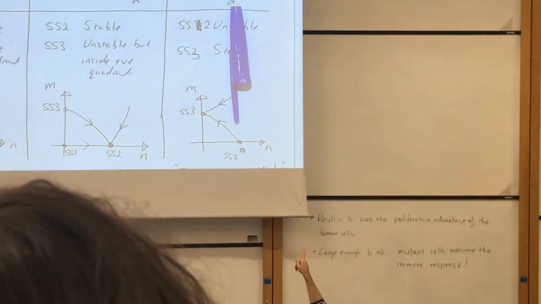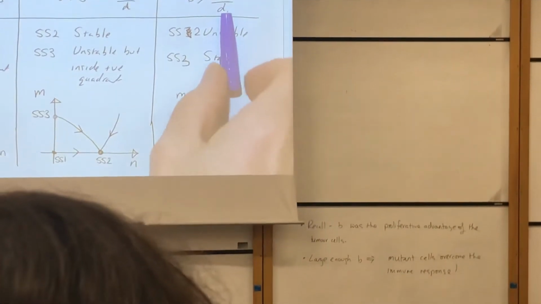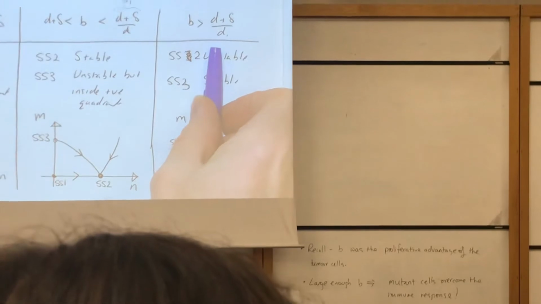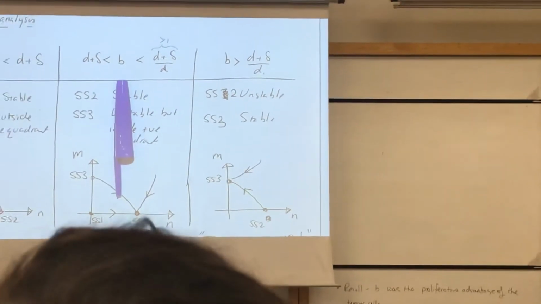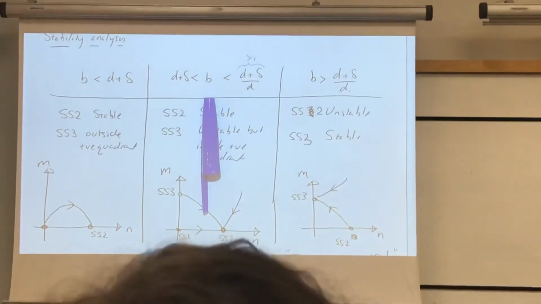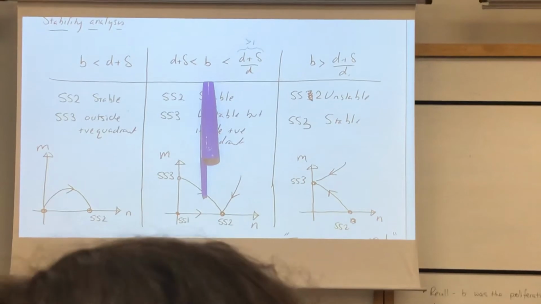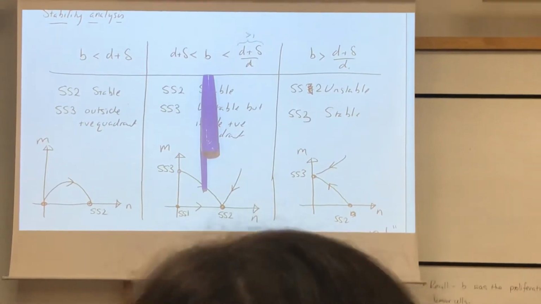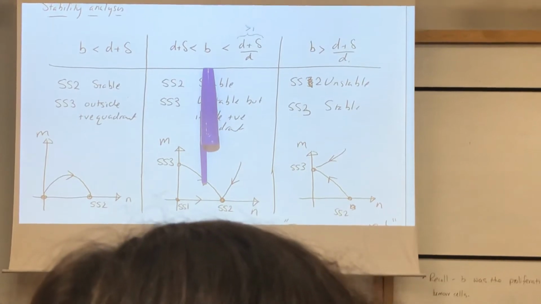And if you increase the size of delta, then you could potentially shift from a scenario where you're in this case here to in this case there. And effectively shift the system, give enough of a boost to the immune system to effectively suppress the cancer from forming.